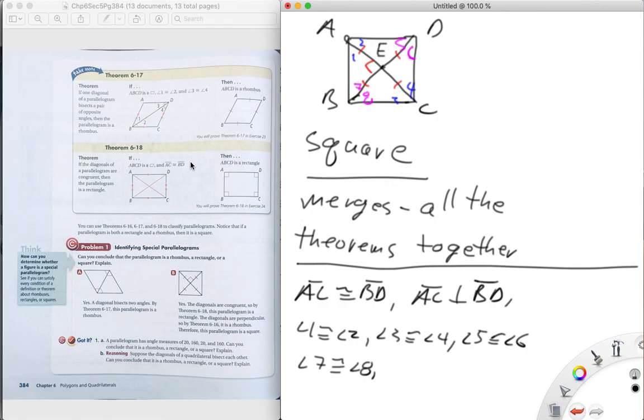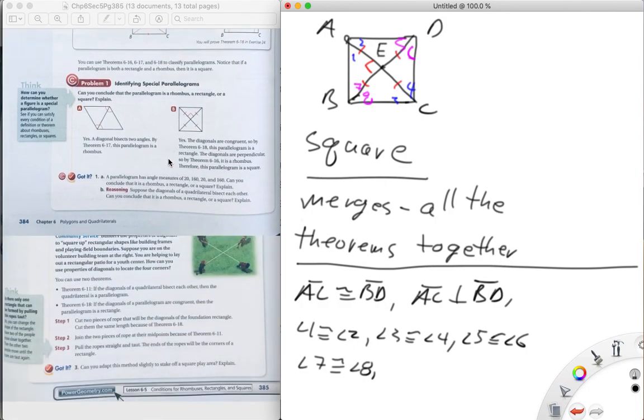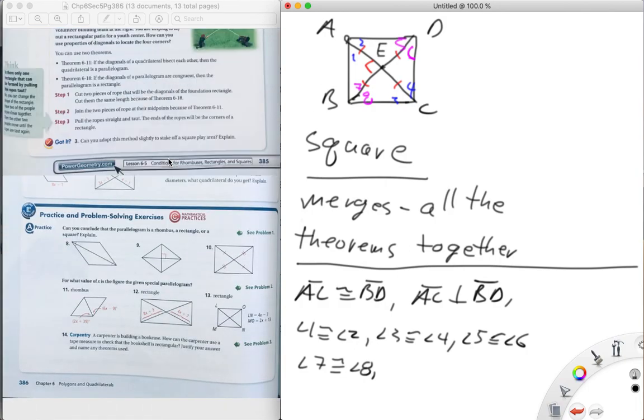All those are put together to make up the properties of a square. So 6.16, 6.17, 6.18 all apply to squares. They got married, had a baby, all their properties are put together, or their DNA, within a square, and they share them all. Okay, so that's this section.